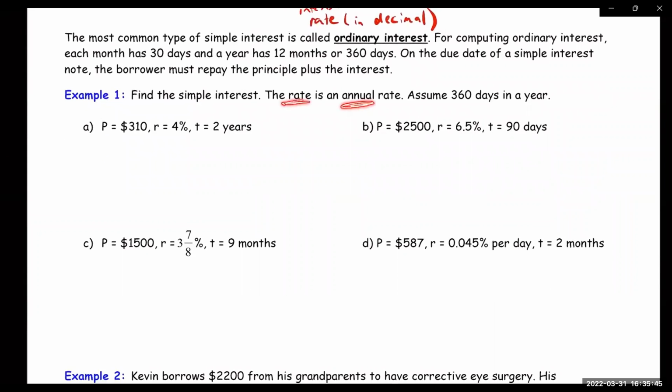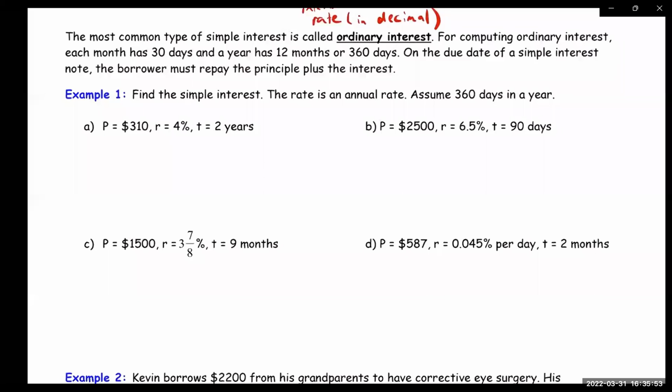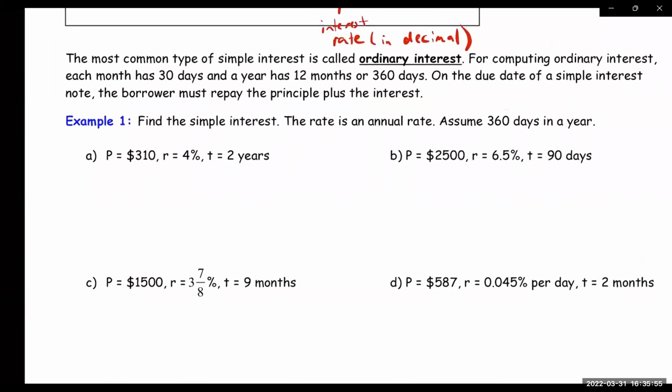The rate is an annual rate, and assume that there's 360 days in a year. So that's what we assume. Let's go ahead and plug in these values, because they want us to find the interest. So let's find it by using I = PRT. The principal amount that you're borrowing is $310.